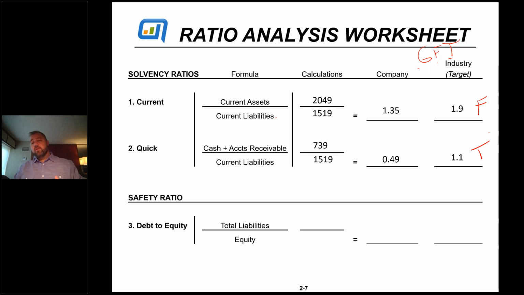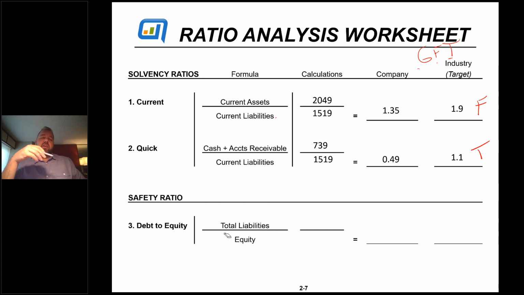But debt to equity, if you remember, was one of our initial financial indicators, right? It was number 3, debt to equity, which is how much does the owner really care about his company? Does he believe in the company good enough to put his own money in, right? This is saying for every dollar that the owner puts in equity, how much did he let the bank put in?